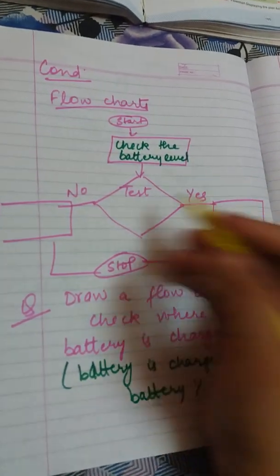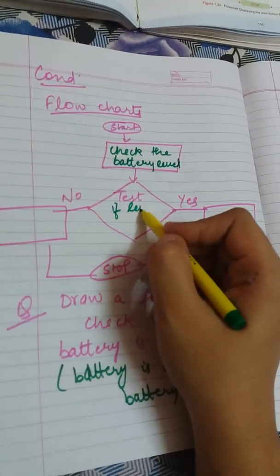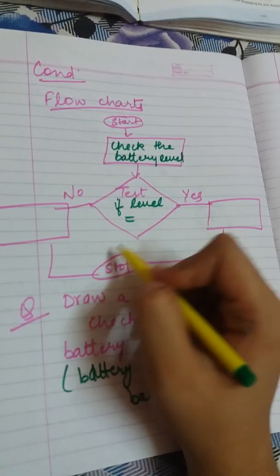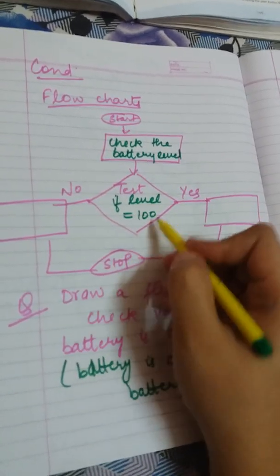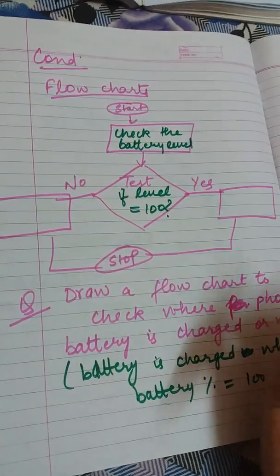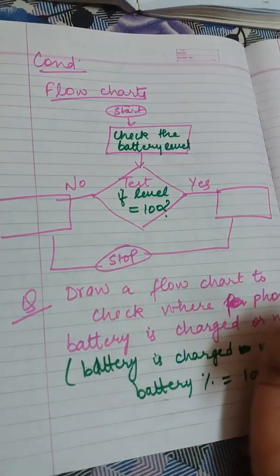Now what will be the test? If level, or you can write battery level, is equal to 100? All right, because greater than 100 it is not possible, equals to will only come here.